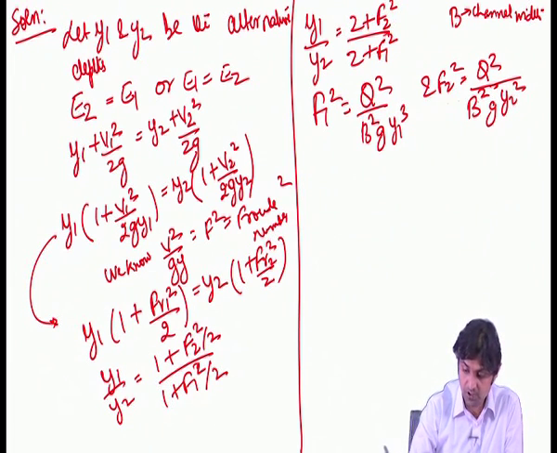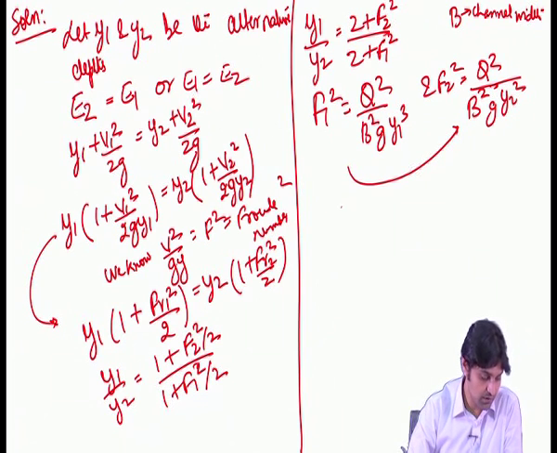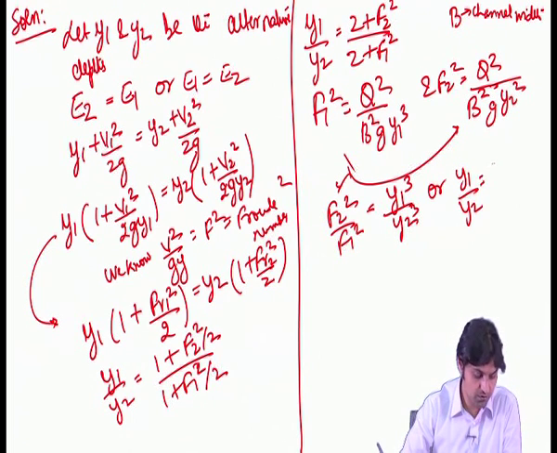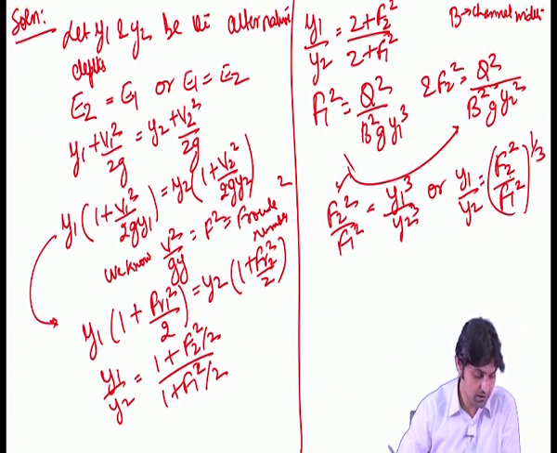Using these two equations, we can write F2 square by F1 square as y1 cube by y2 cube, or y1 by y2 is equal to F2 whole square divided by F1 whole square to the power 1 by 3.